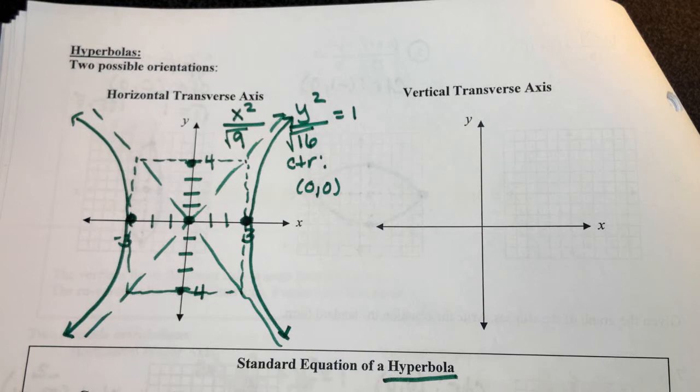So it looks like two parabolas, one opening right and one opening left. Notice the points are on the x-axis. All right, so that's the horizontal orientation. Again, whatever fraction is positive, x goes horizontal, so I know that my hyperbola is going to open left and right.